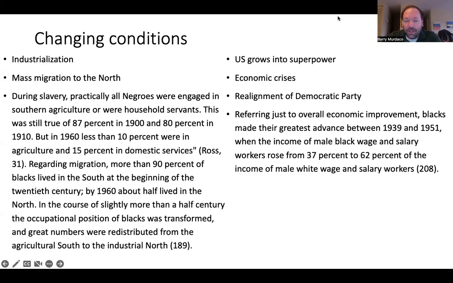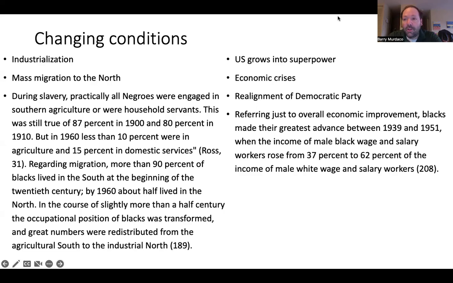I don't think the South really started becoming industrialized until the early part of the 20th century, much later than the North. But starting in the late 19th century, you also have a mass migration of Black people moving out of the South into northern cities like Chicago, Philadelphia, and New York.